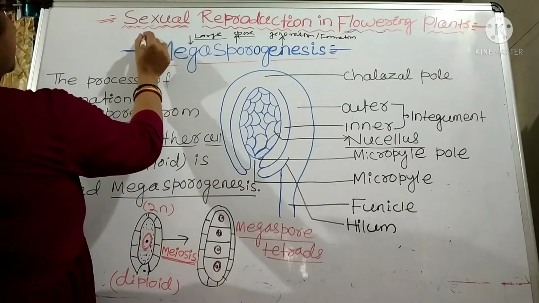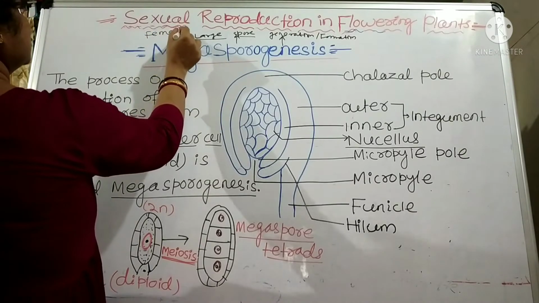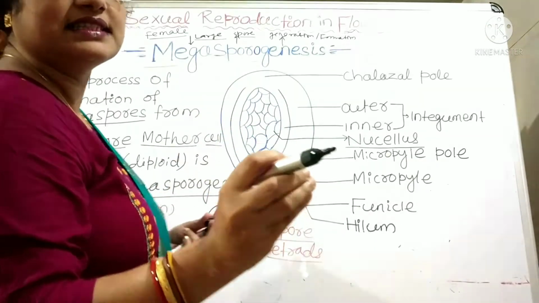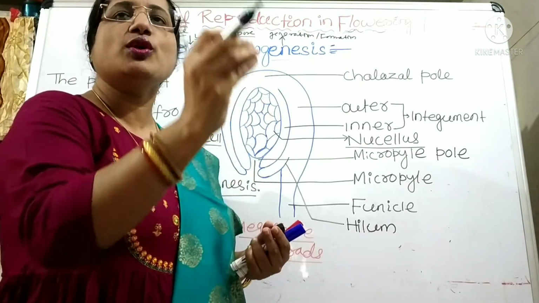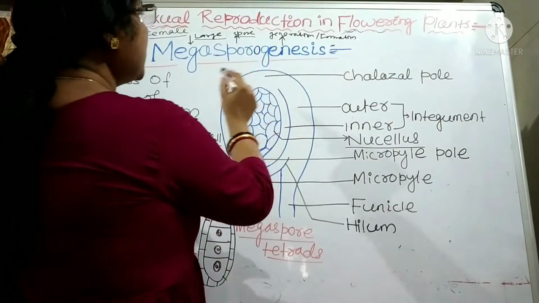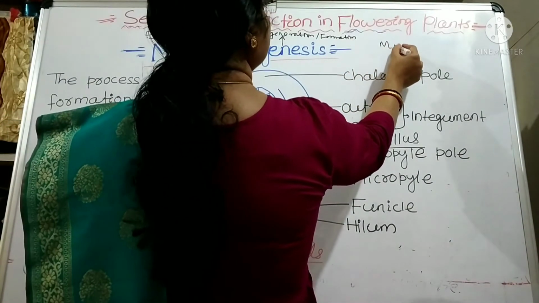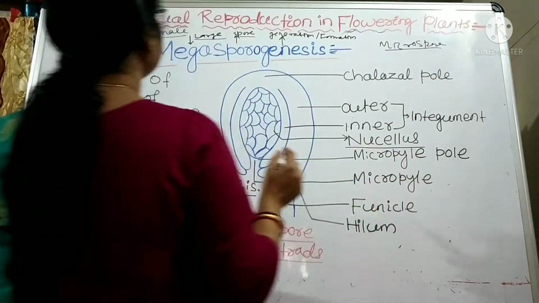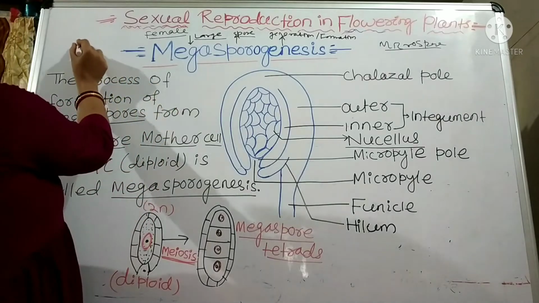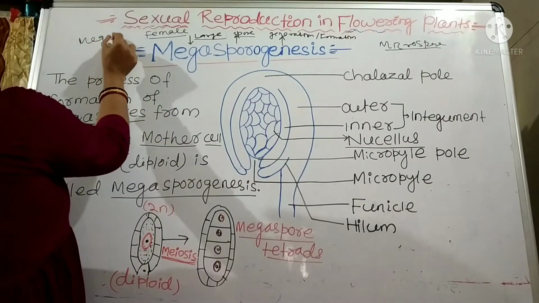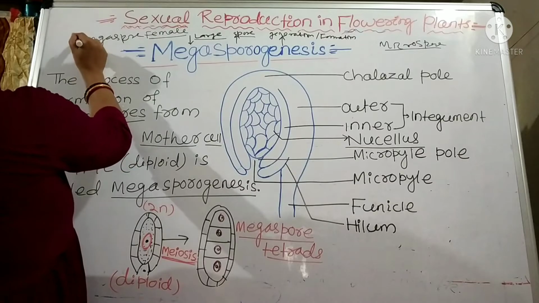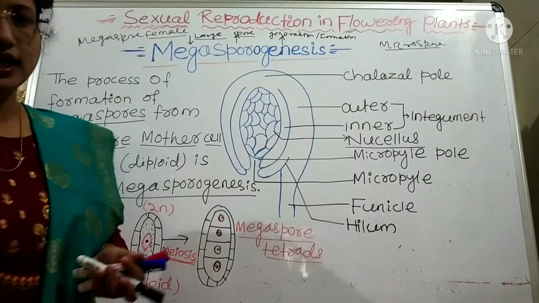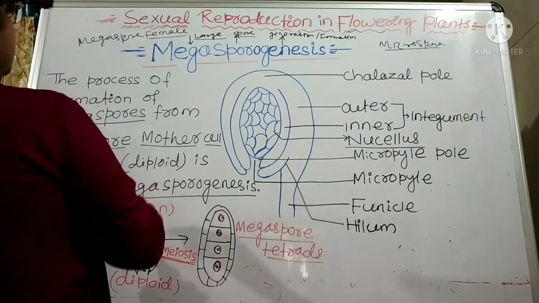Large is the female. Always the female spore is large in size in comparison to the male spore. That's why the male spore is known as microspore, whereas the female spore is known as megaspore. We have already discussed it in the previous class.